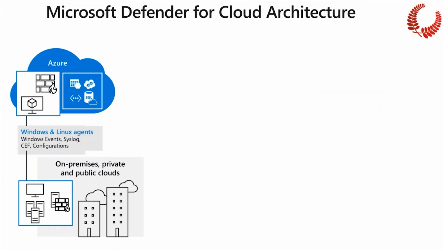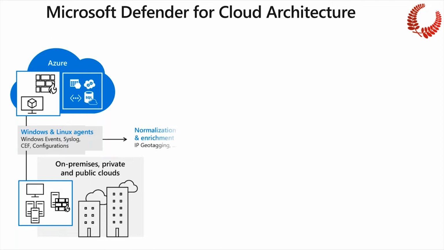Now the cloud architecture. So the Microsoft Defender for Cloud architecture is very simple but yet effective. We have Azure workloads, and Microsoft Defender for Cloud is not just capable of protecting Azure workloads, but also Windows, Linux, and other workloads that sit on premises as well as in other clouds.